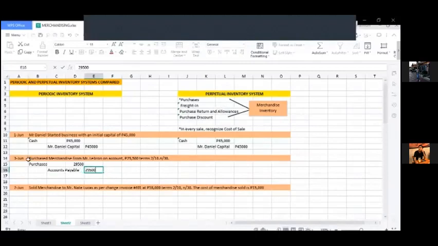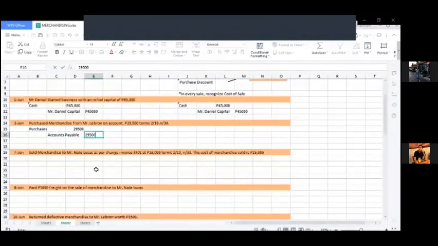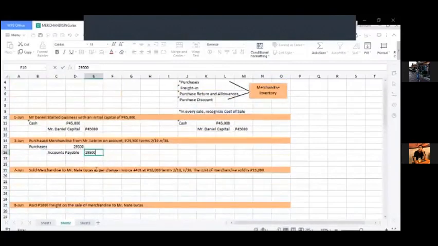di ba ang sabi ko, kapag perpetual inventory system yung gagamitin natin, yung mga purchases, freight-in, purchase return and allowances, and purchase discount is papalitan natin yan ng merchandise inventory. So, ano yung magiging entry natin dito?